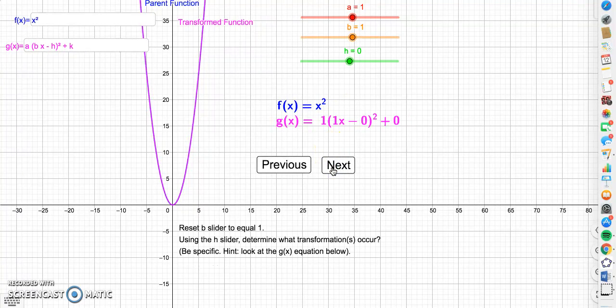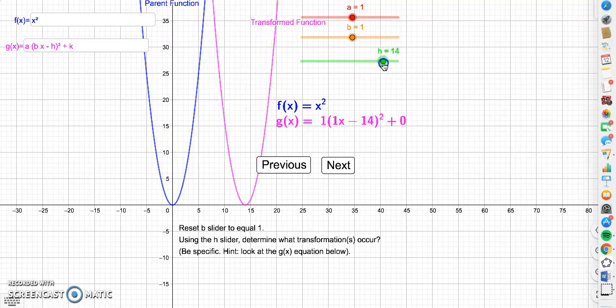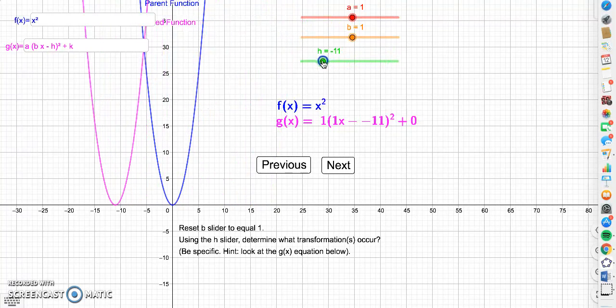Okay, so next, they'll reset B to 1, and they're going to look at H. And again, they'll use the slider. Go from more positive to more negative.